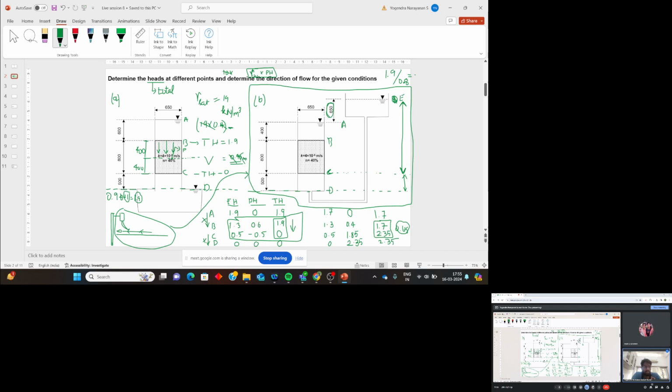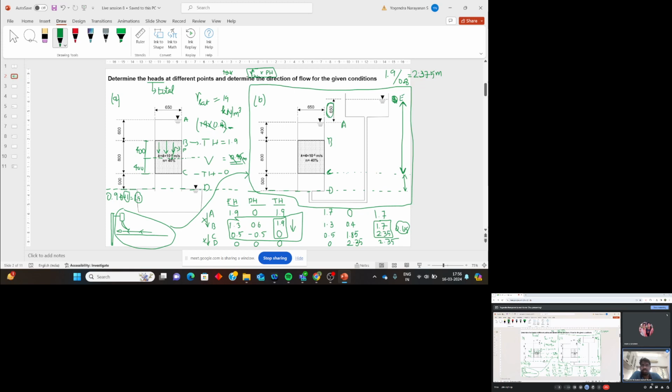How much will be the head loss per unit length? It will be 2.375 meters. If it is 1 meter, the head loss will be 2.375.